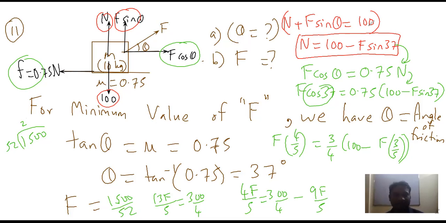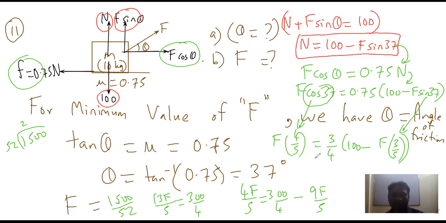N plus F sin theta is 100. Yes. So N is 100 minus F sin 37. Yes. So horizontal force balance, F cos theta is 0.75 N. F cos 37 is 0.75 into 100 minus F sin 37. Cos 37 is 4 by 5. Sin 37 is 3 by 5.